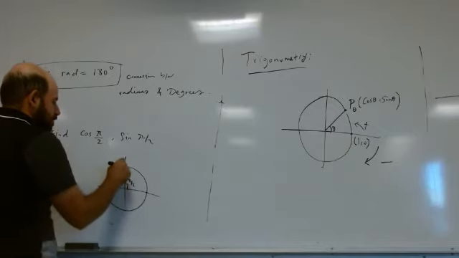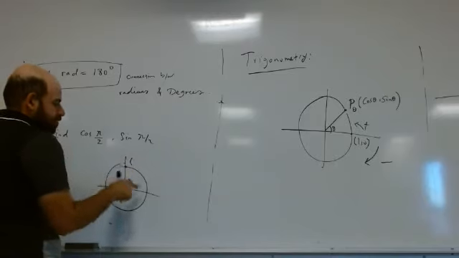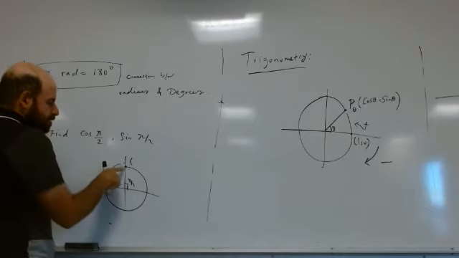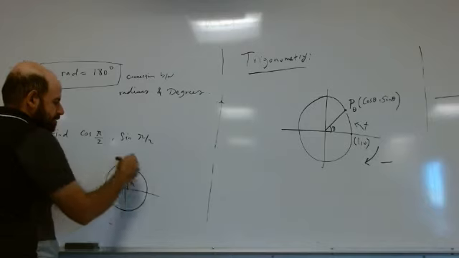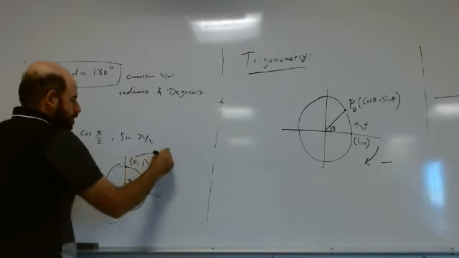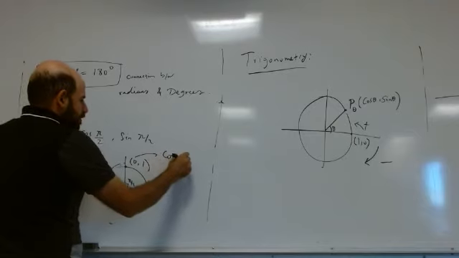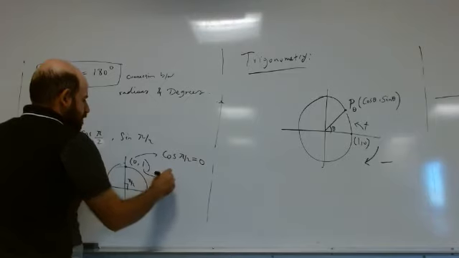And then this point here, what is this point? Do you remember this is the unit circle. So this length is 1 and it's on the y-axis. So the x coordinate is 0, y coordinate is 1. So the x coordinate, we said, is cos of the angle. And this one is the sine of the angle.